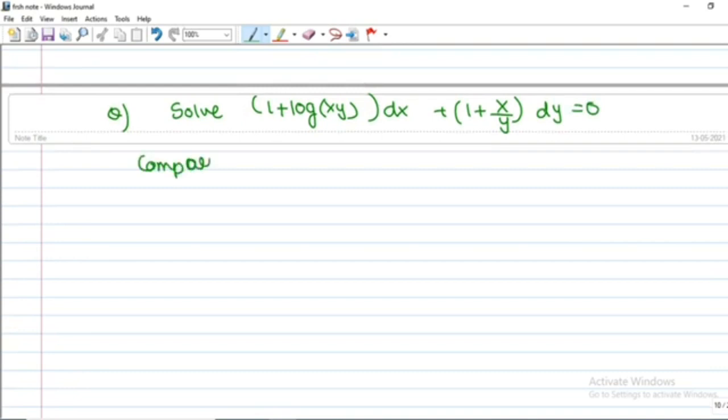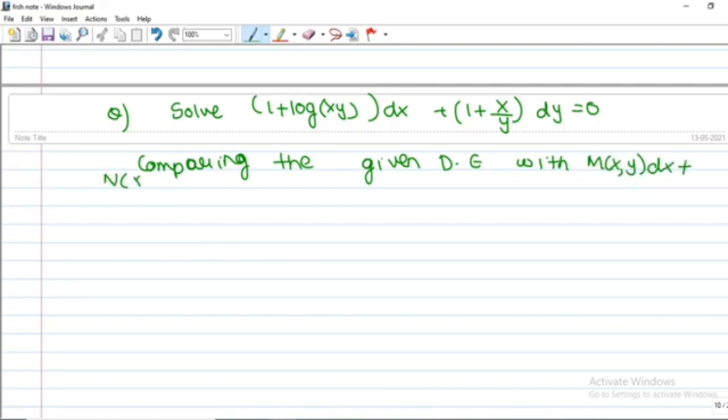So if we compare, they have directly given us the question in the format M of x comma y into dx plus N of x comma y dy equal to 0.